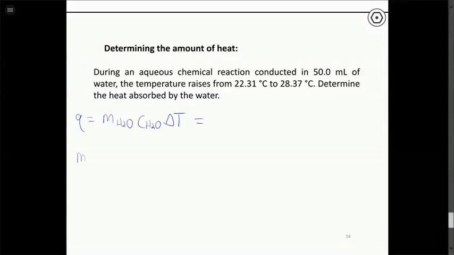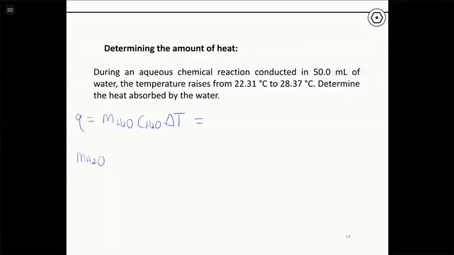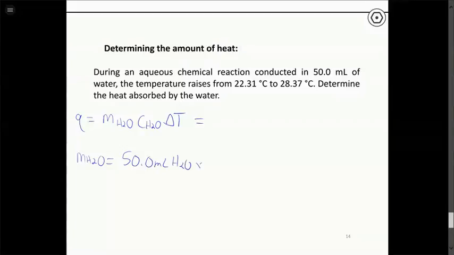Here's another part that's going to come up in this chapter a lot. We're conducting the reaction in 50 milliliters of water, but the equation really needs the mass of water, not the volume. But remember that the density of water is 1. So anytime we have 50 milliliters of water, the density is 1 gram per milliliter, and so the mass of water is also going to be 50 grams.